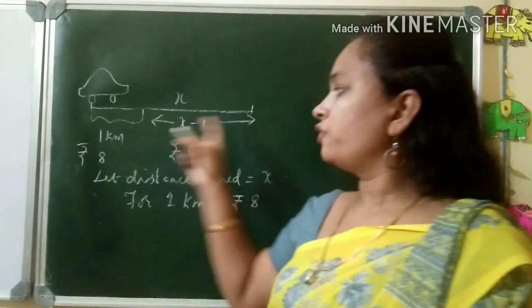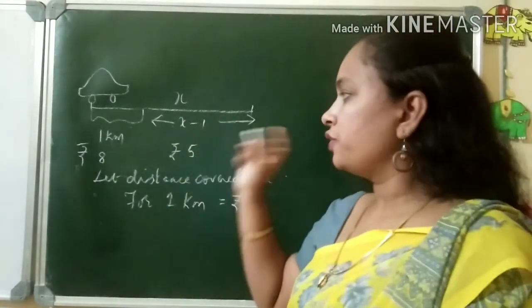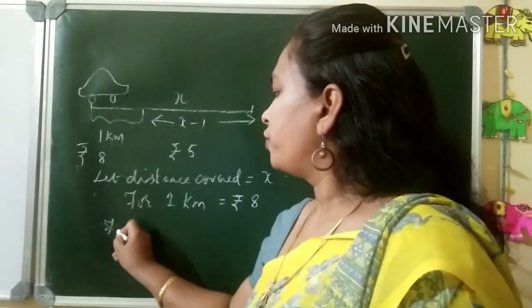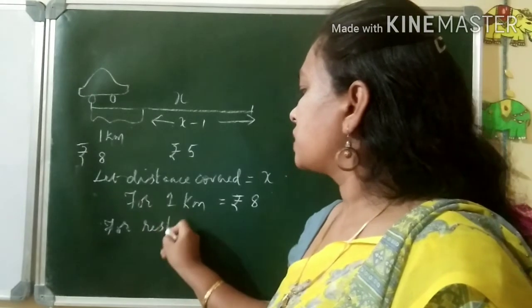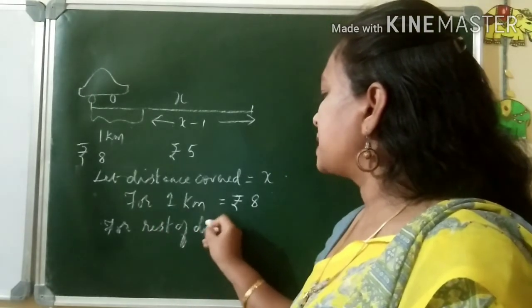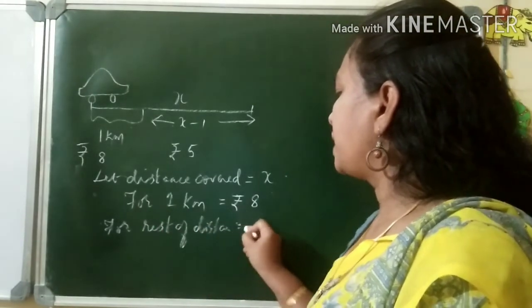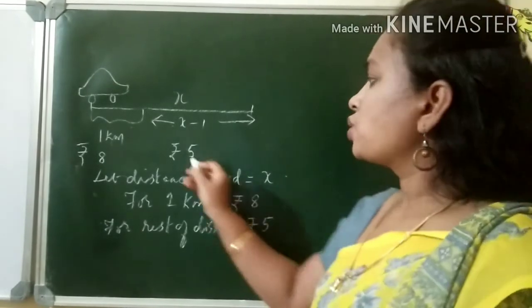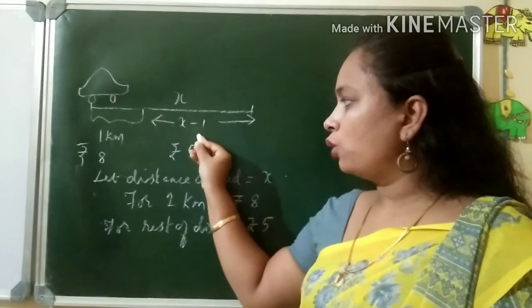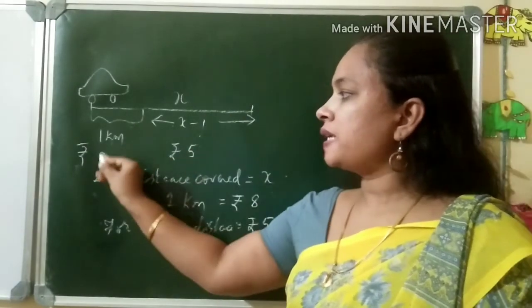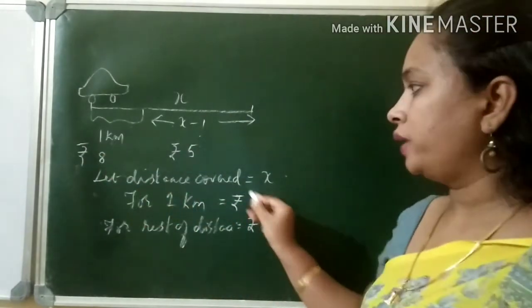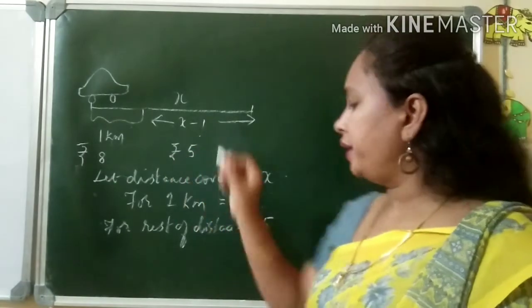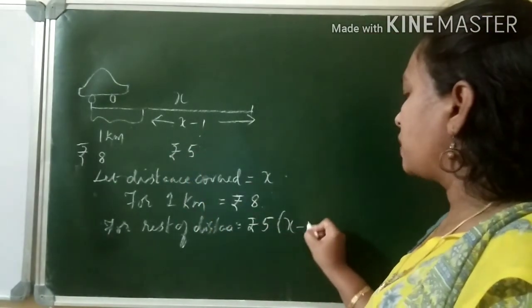And for the rest of the kilometers it is charged 5. So for the rest of the distance, that is equal to rupees 5. We are going to multiply the amount with the distance. Here it is 8 into 1, so it will be 8 only. Now rupees 5 into x minus 1.